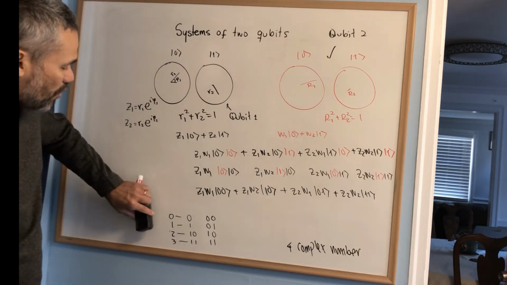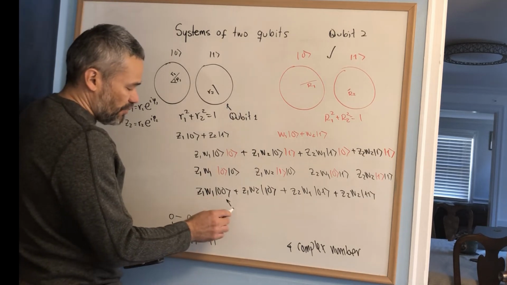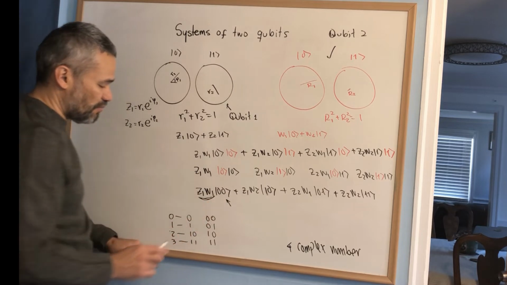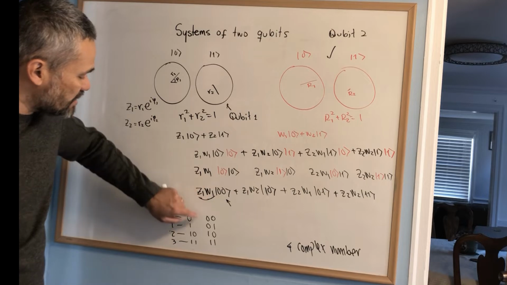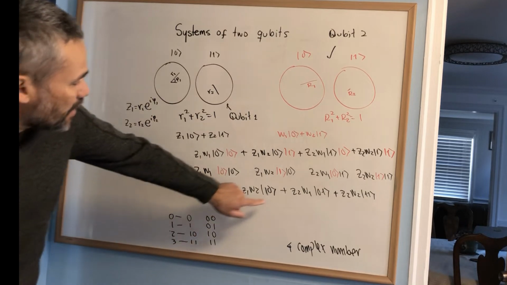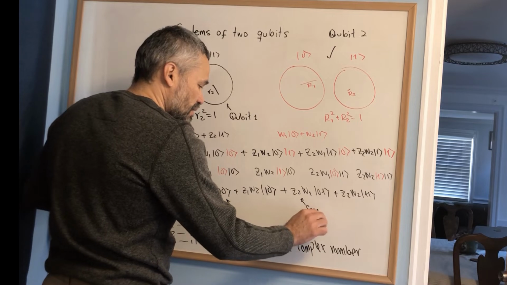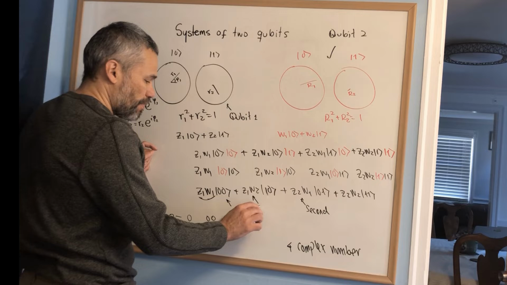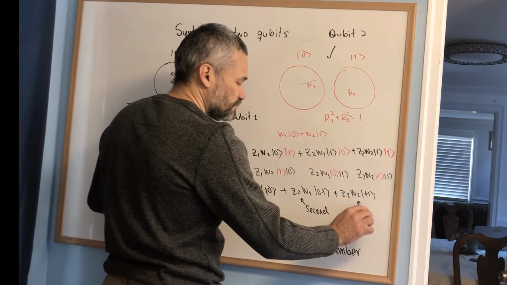Then we're going to call the first complex number the one labeled 0 0. The second complex number will be 0 1. This will be the second. And this will be the third. And this will be the fourth.